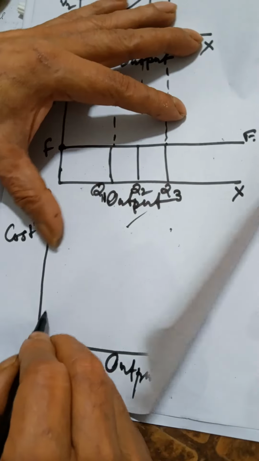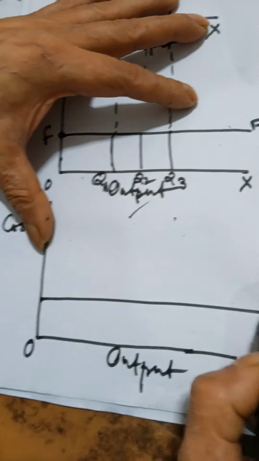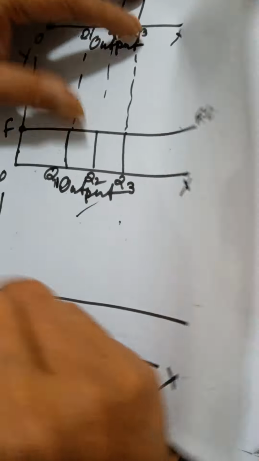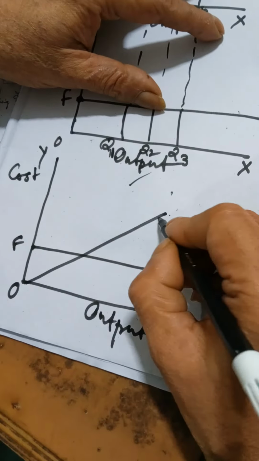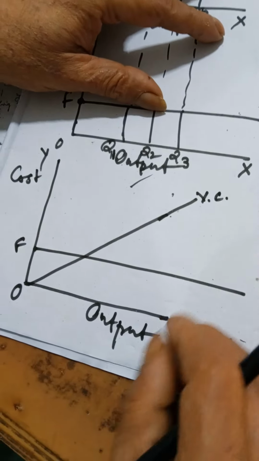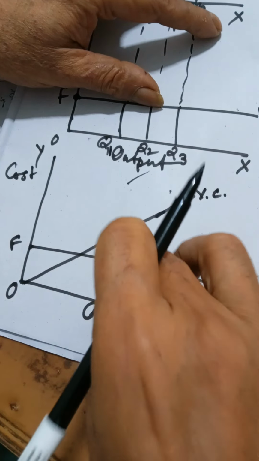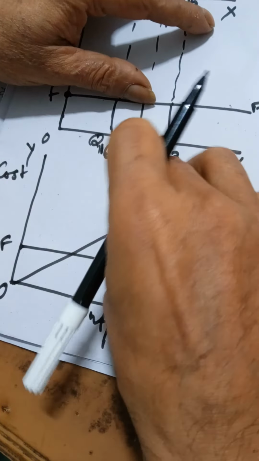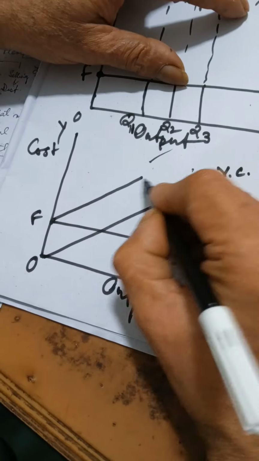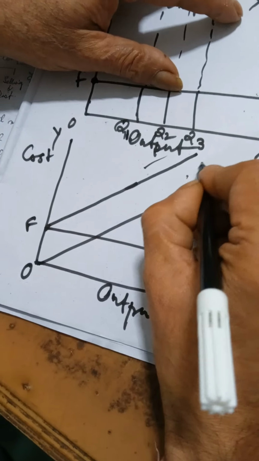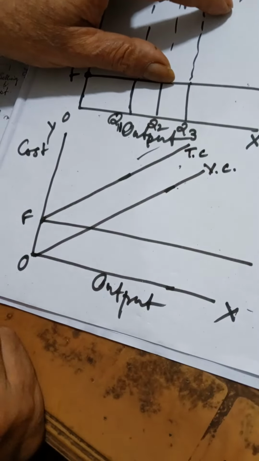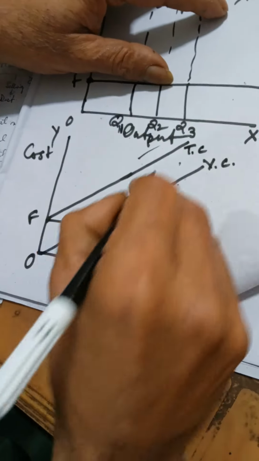Sorry. So this is fixed cost, this is variable cost. If we add this fixed cost with variable cost, we get total cost, that is parallel to the variable cost line. So this difference is equal to this difference.